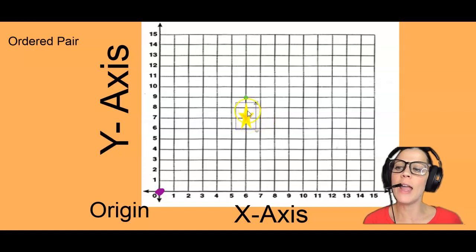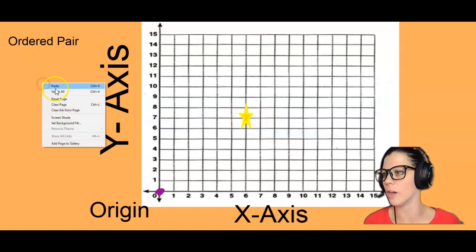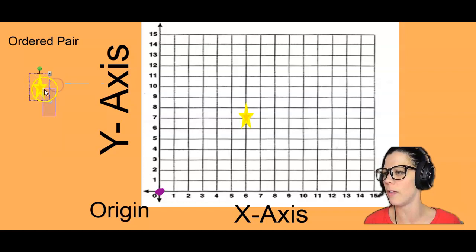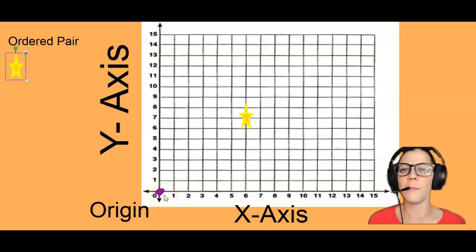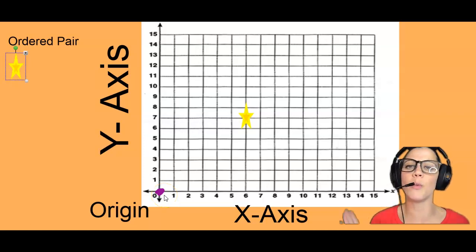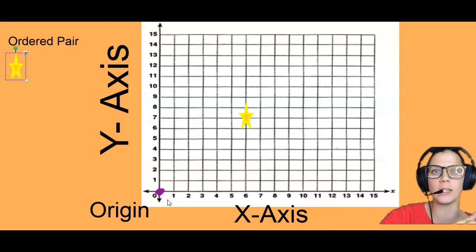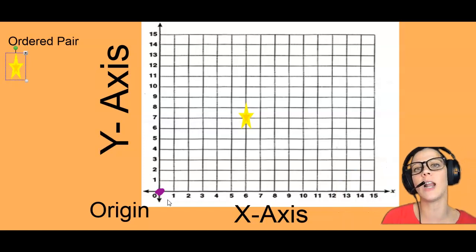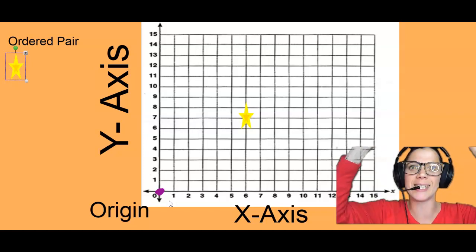If I have this star ordered pair, which I'm going to copy over here as well, so that we remember that this is our shape that we're working with, in order to read it, I would read the x-axis first, so how far over is that star from the origin point. Then I would read how far up did I have to go to get to that star. So again, crawling before we stand.